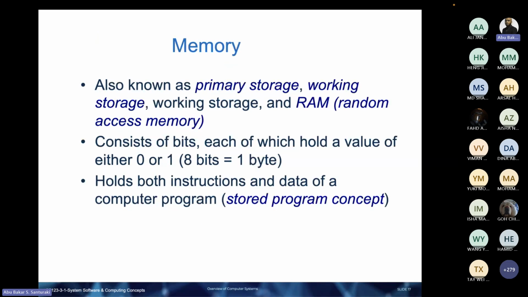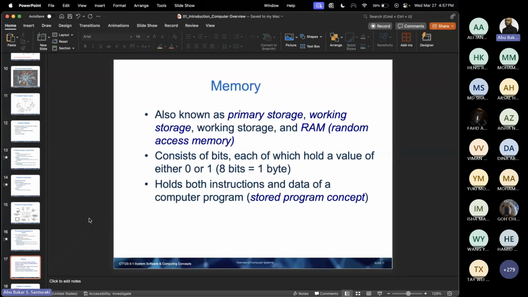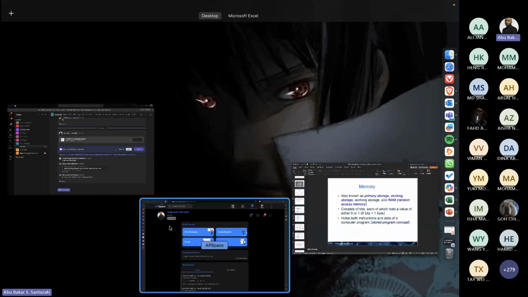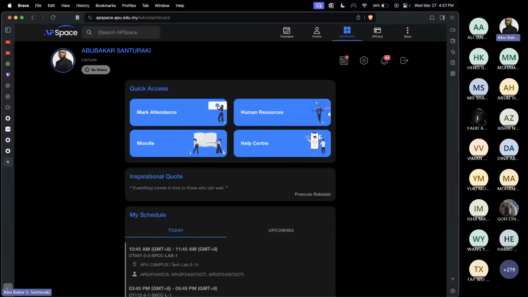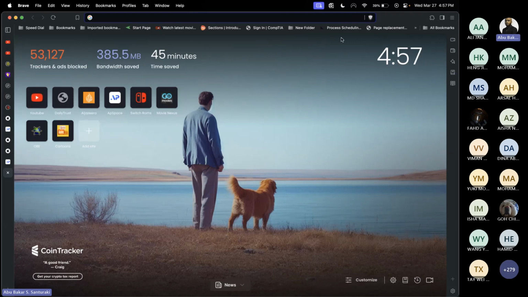Nothing more, nothing less. Now, we want to understand what the memory actually is like and how the computer actually works. In order to do this, I'm going to use an analogy. An analogy is a way to describe or give an example to help you understand what's actually going on.